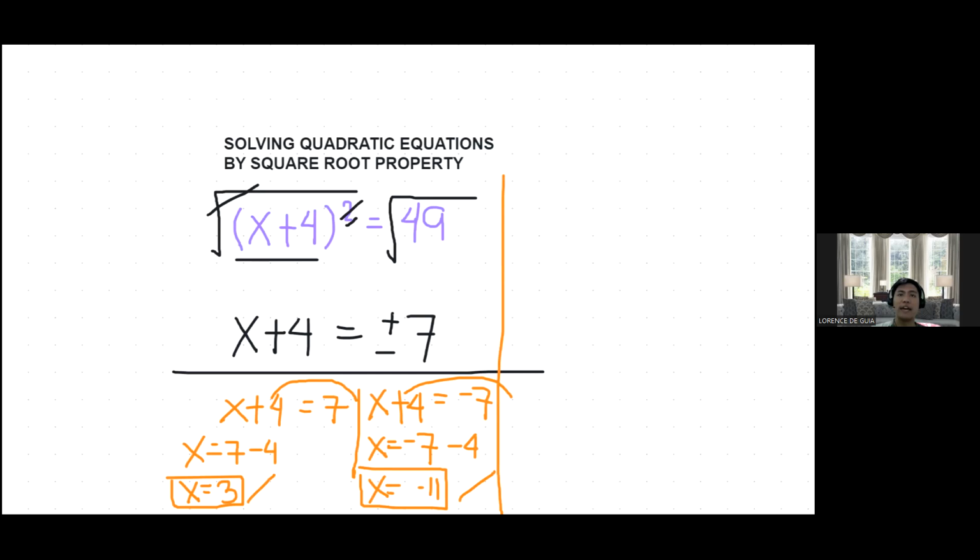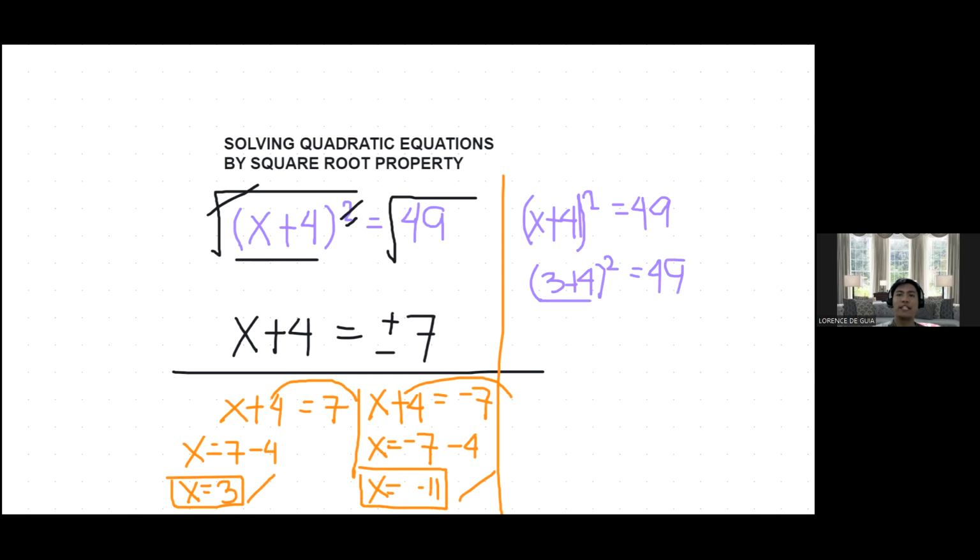We have the given, the square of the binomial x plus 4 equals 49. By substituting x equals 3, then just copy: 3 plus 4 squared equals 49. By PEMDAS rule, we have to solve first what's inside the parentheses.